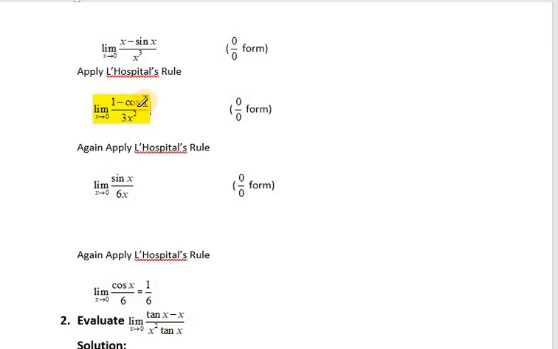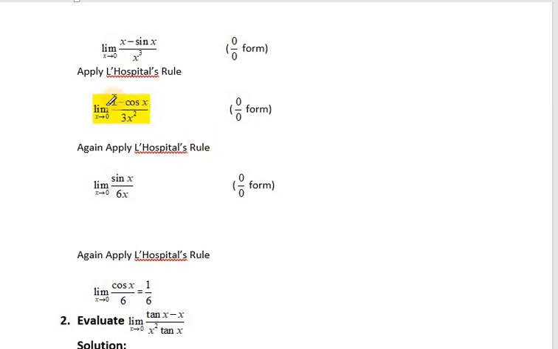So 1 minus cos x means 1 minus cos 0. Cos 0 value is 1. So again we get 1 minus 1 is 0 in the numerator, and in the denominator also x is 0, so it is 3 into 0 square, which is again 0. So we get 0 by 0 form. So what we have to do here is again apply the L'Hopital's rule.